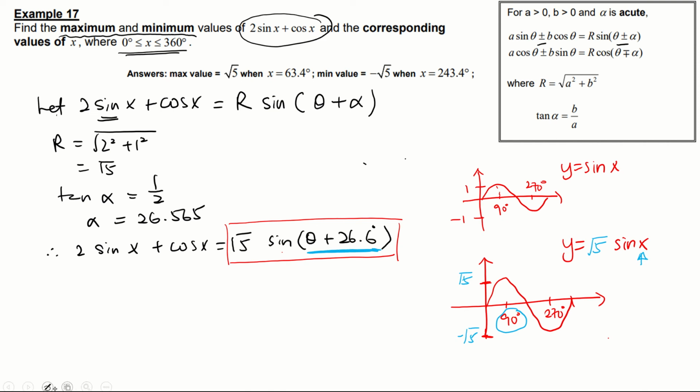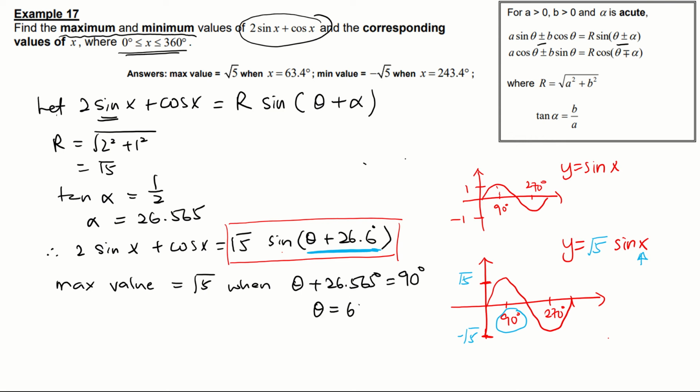For this value to be at maximum, we know that the maximum value will have to be square root 5. And when does this happen? When your angle is 90 degrees. So I have to equate this to 90 degrees. Since this is not my final answer, I'm going to keep a few more decimal places.